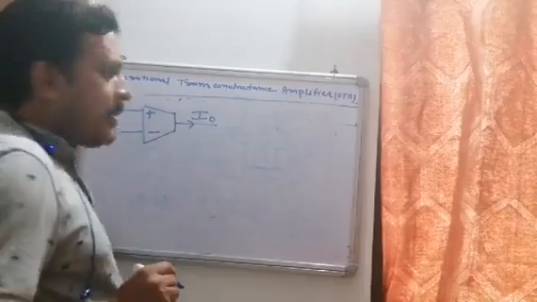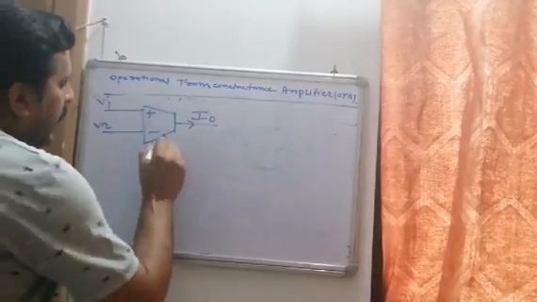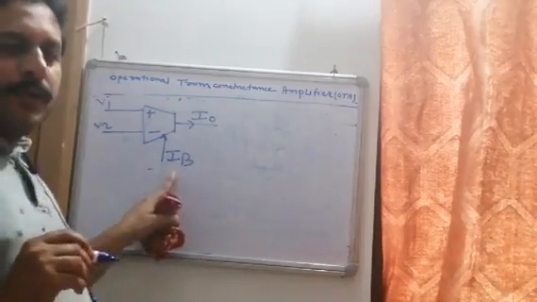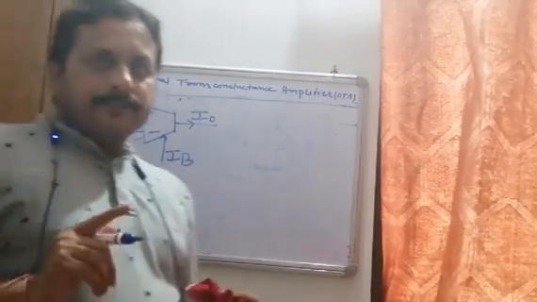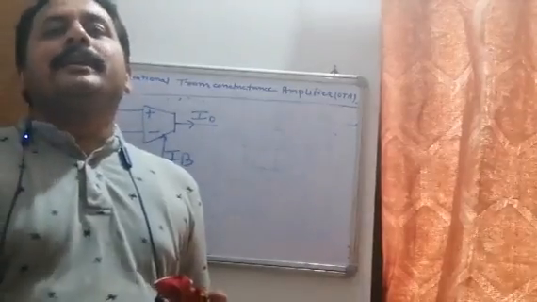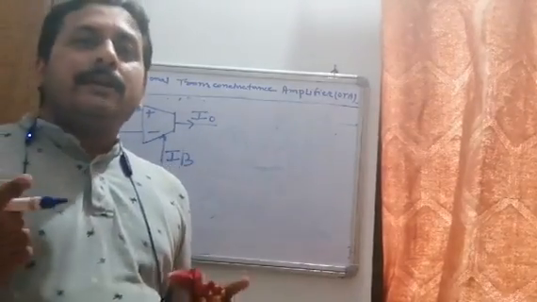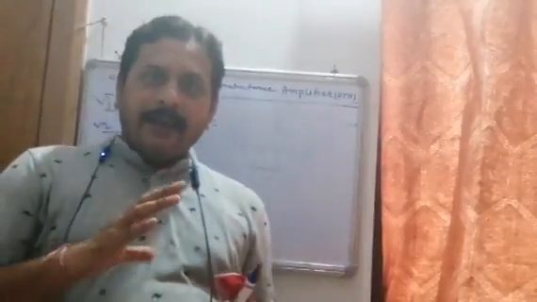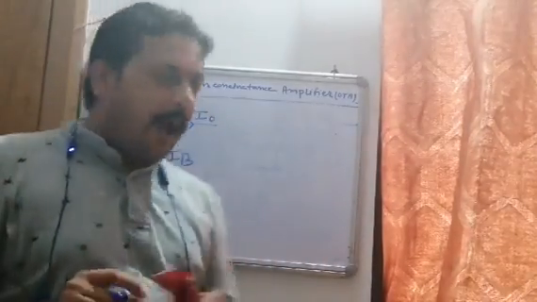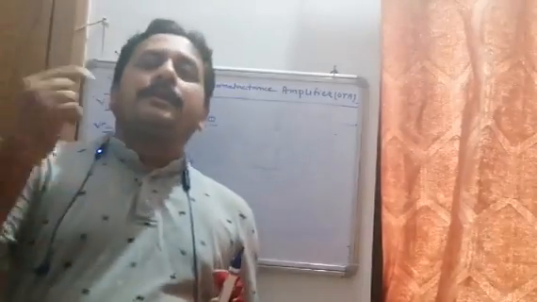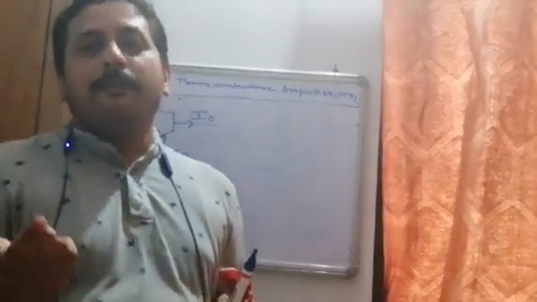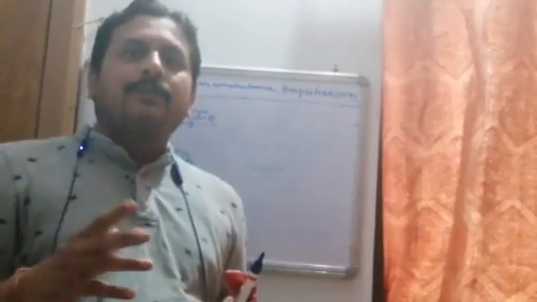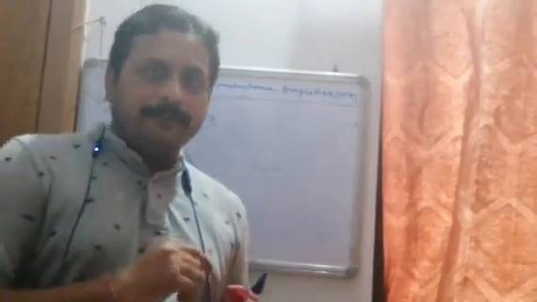And apart from this symbol, here we have used IB, the bias current IB, that can be used to tune the transconductance, or that can be used to tune the voltage gain of the OTA. I'll see the internal structure of the OTA, how IB depends upon transconductance as well as voltage gain, maybe in the second lecture of OTA, that is called the internal structure of OTA.